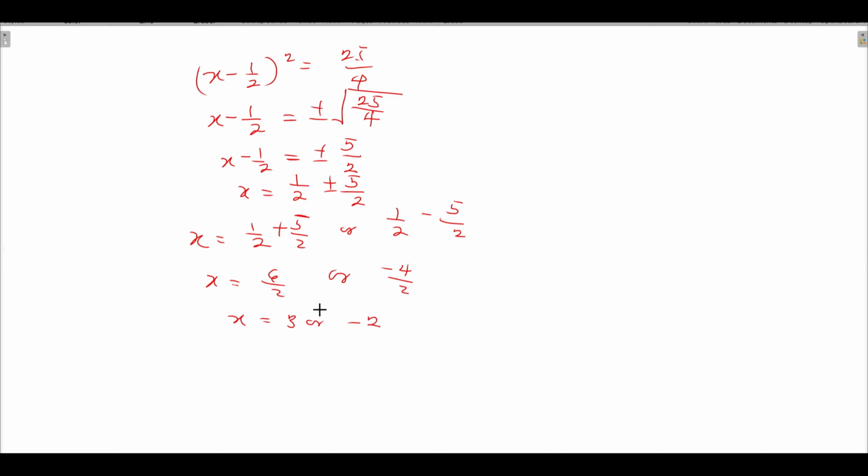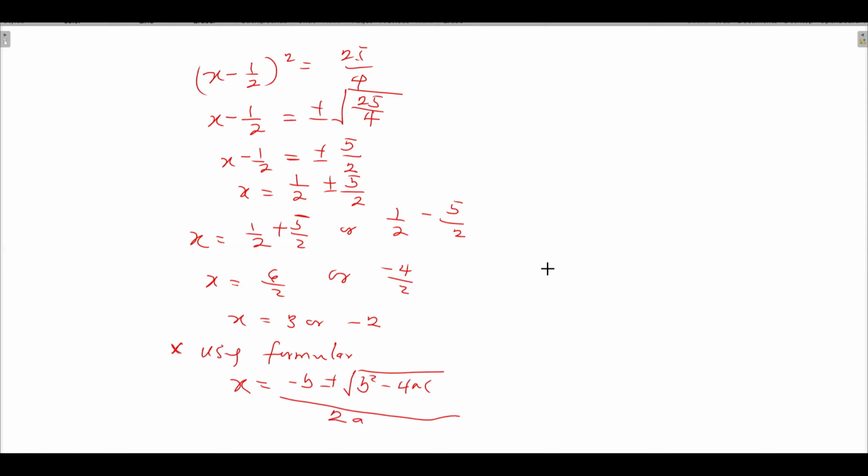So the third method is applying the quadratic formula. The formula is x equals minus b plus or minus root b squared minus 4ac, everything divided by 2a.